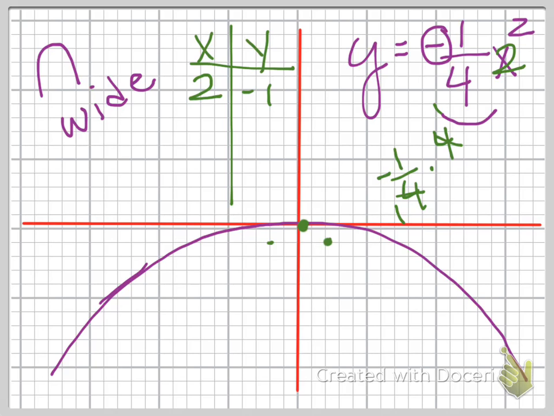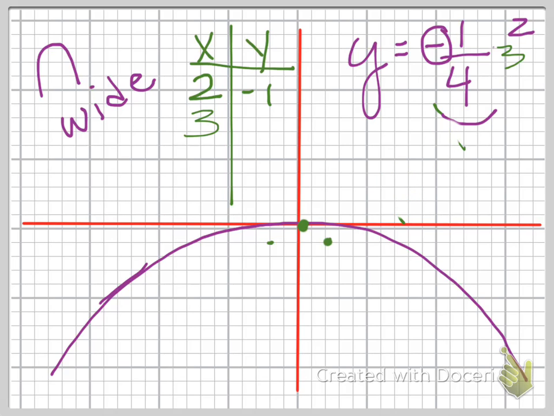Let's pick 3. 3 is good. So if this was 3, then 3 squared would be 9, which is going to change this to 9. Okay, and don't freak out. It's okay. You get a fraction. This would be a negative 9/4, because this didn't cancel out, right?